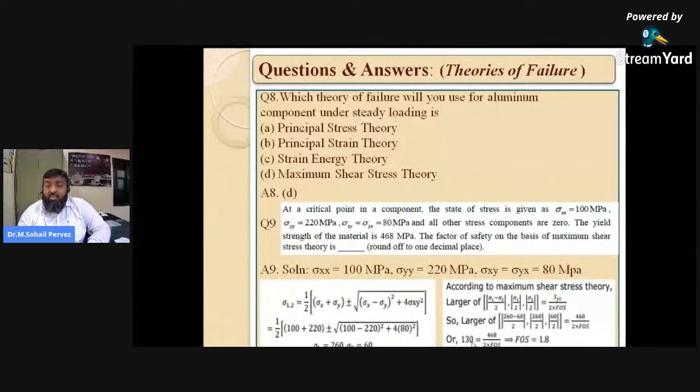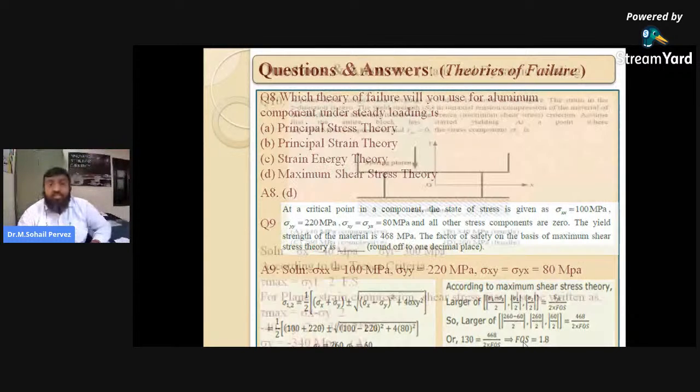Sigma 1 by 2 is 260 divided by 2, which equals 130. SYT is 460 upon twice the factor of safety. The factor of safety is 1.8. The answer is 1.8. I hope you are getting this, because it's a simple calculation wherein we are using the theories of failure equations.